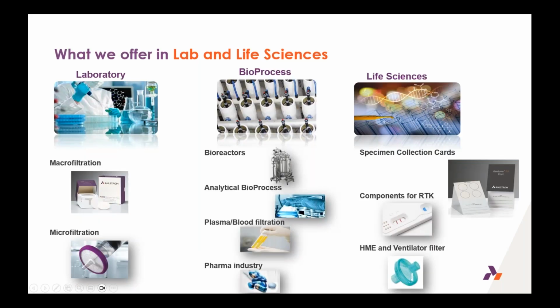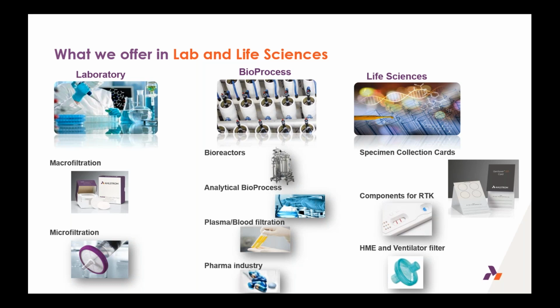and care as well. Here is a quick overview of the three product categories proposed by our business unit, which is Lab and Life Science. The first category, laboratory, proposes lab filters with different sizes and also a specific application in air monitoring.